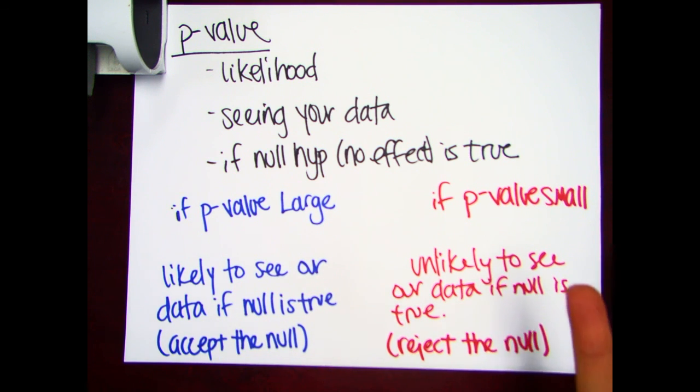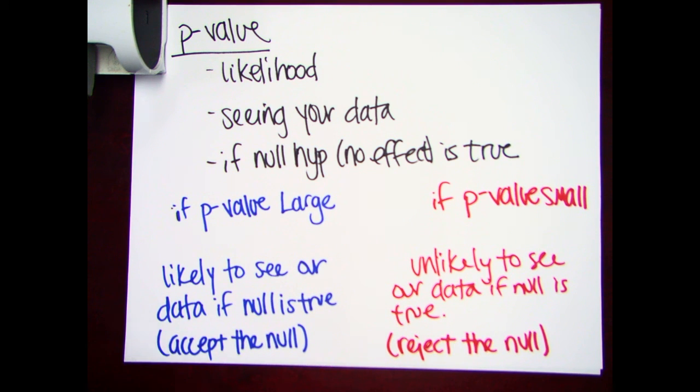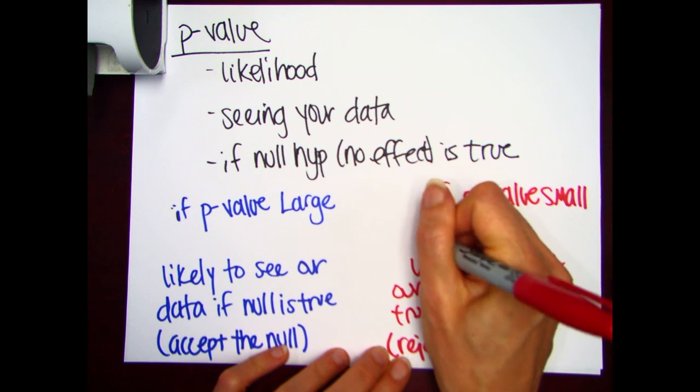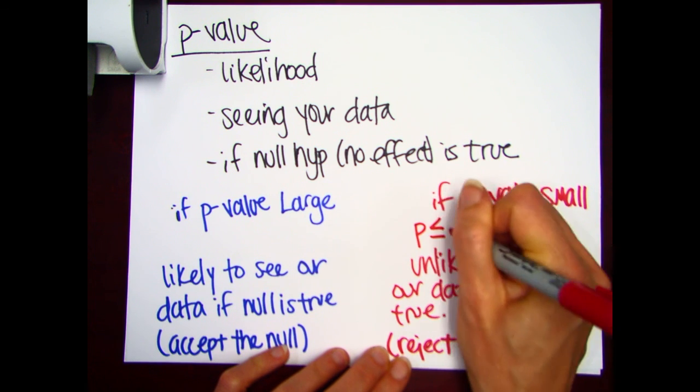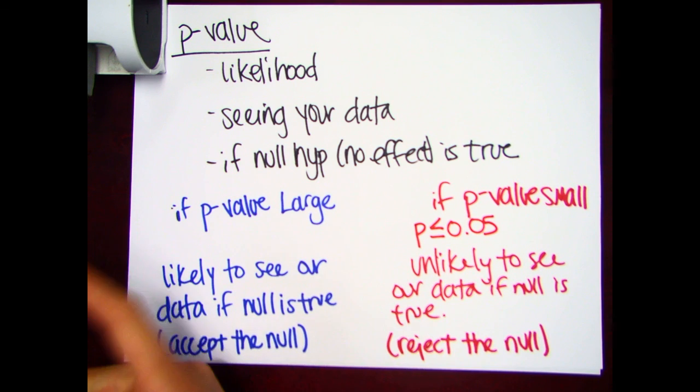So then the question is, what does it mean to be large or small? You guys may remember the significance level from when we went over p-values and t-tests before. A small p-value, scientists have decided, is going to be one that is 0.05 or less.